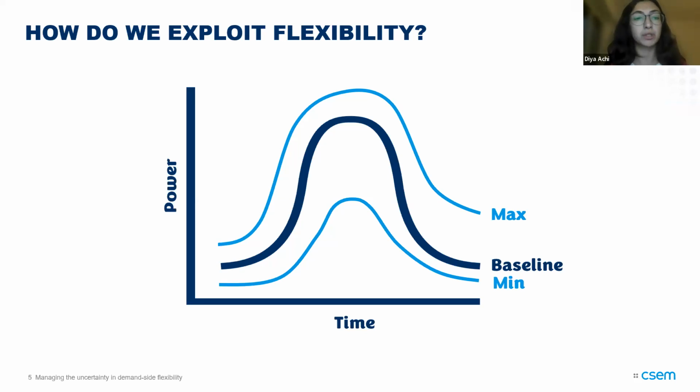For example, if we're controlling a heat pump, we would like the temperature in a house to remain within reasonable bounds for the user. And by knowing those two bounds that we cannot violate when exploiting the flexibility, we can correctly use it.